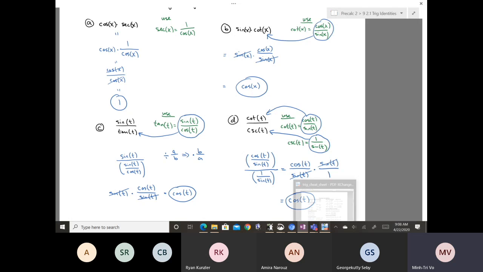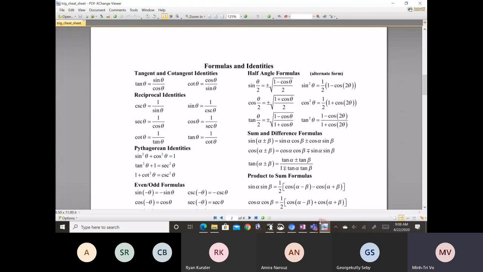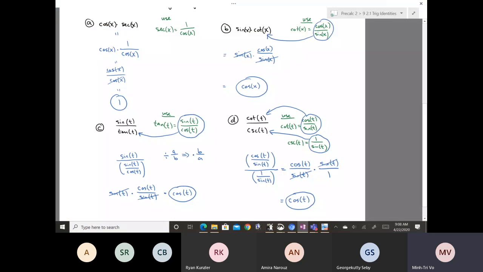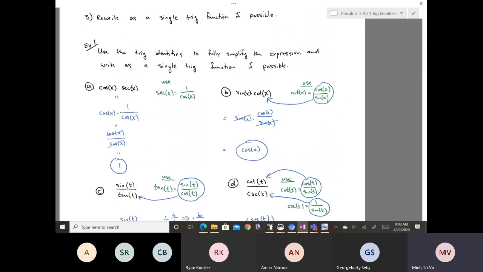So the basic idea is, if you have tangent, cotangent, cosecant, or secant, you want to use these 4 identities to relate things in terms of sine and cosine. And then once you write everything out in terms of sine and cosine, see where the cancellations occur and try to simplify from there. Okay.